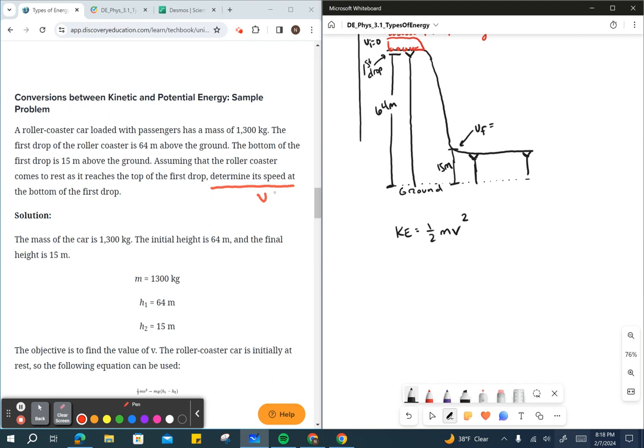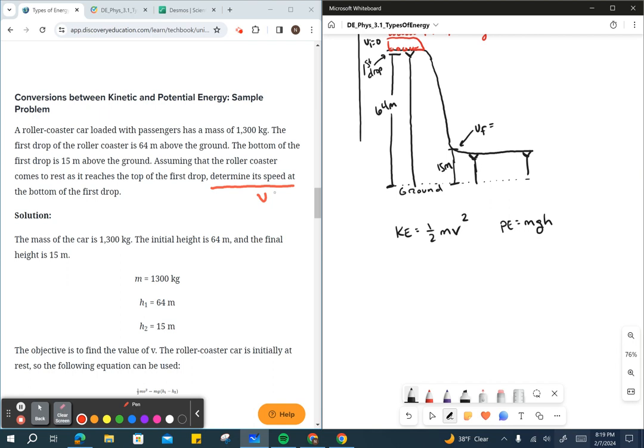So there's a velocity. And then you have another formula, the potential energy formula, which is the mass times the gravity times the height. So the potential energy formula doesn't really help us solve velocity.